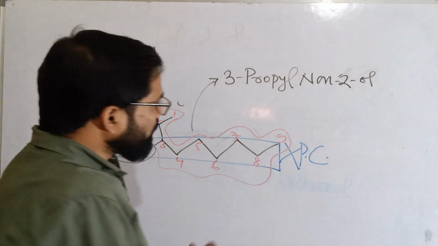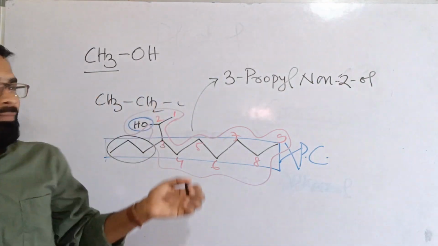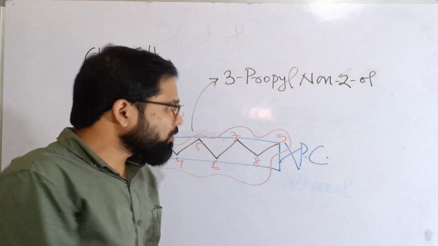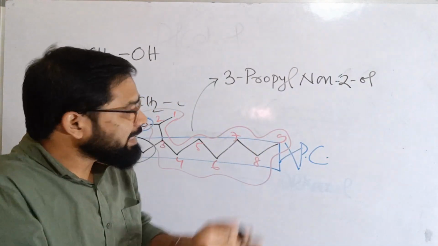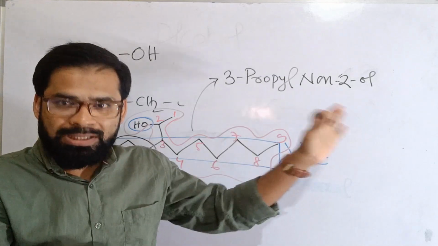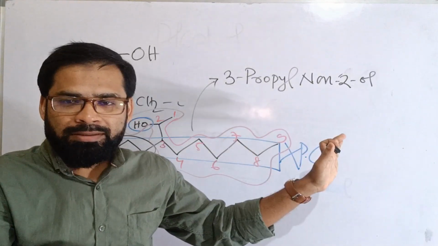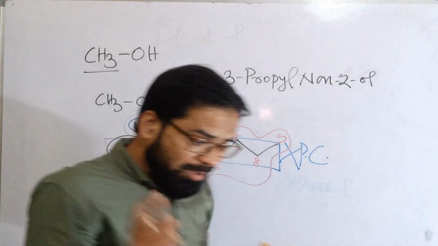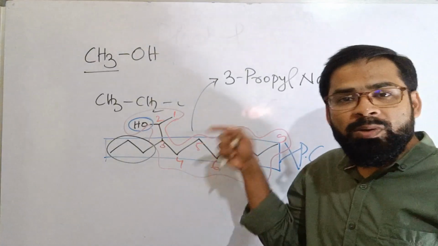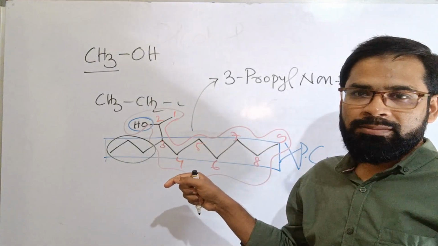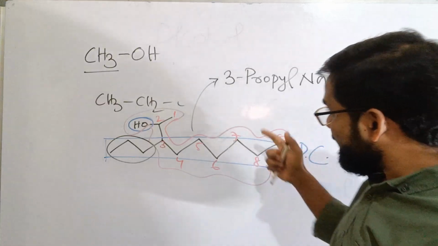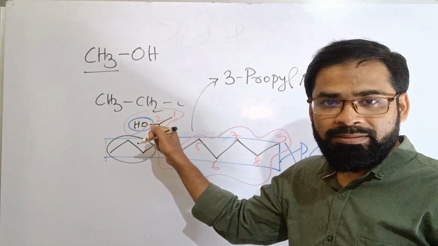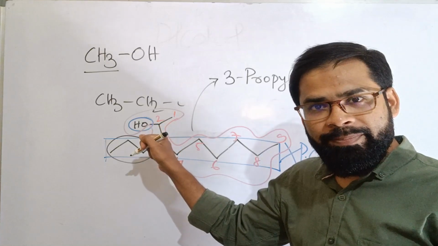That way we have to write the name of alcohol. When the OH group is present at the terminal, first position, no need to mention the position. Otherwise you have to mention the position. And the OH group should get the lowest number. You have to start numbering from where the OH group gets the lowest number. Clear?